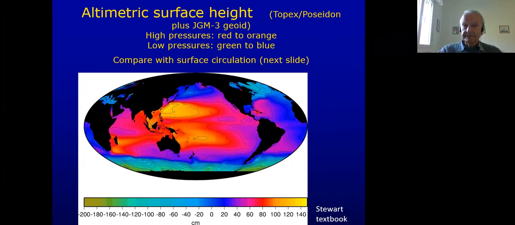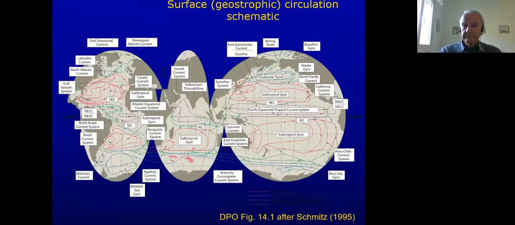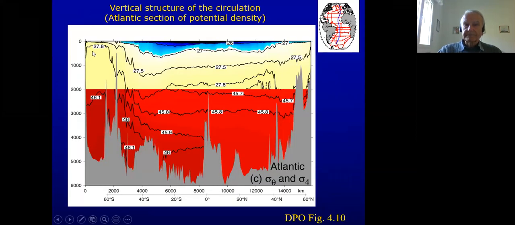And so, as I told you before, we have high density here and low density here. So if you do the integral over the entire water column from the surface to the bottom, you will get a higher density here than there.